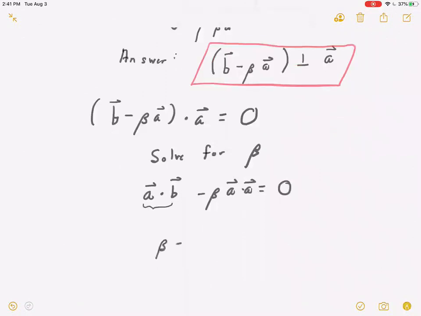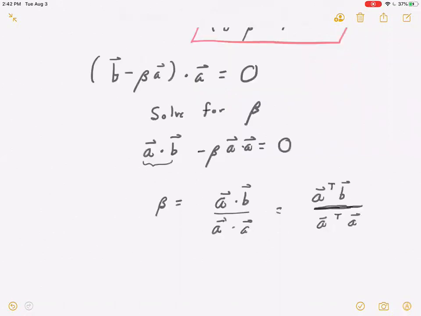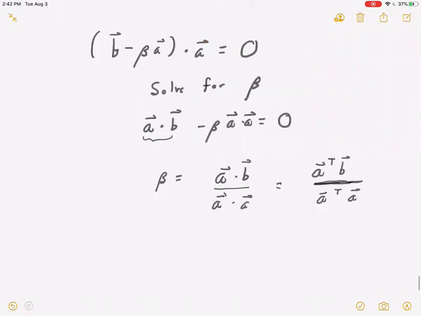Or beta is going to be A dot B divided by A dot A. But that's the same thing as the transpose of A times B, if you view these vectors as matrices, and in the denominator, you have the transpose of A times the matrix A. I can always look at vectors as if they were matrices. So what's my final answer?